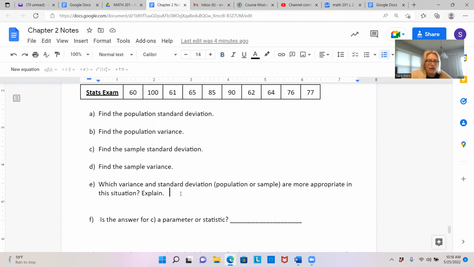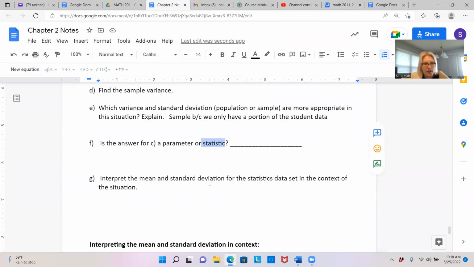And that would be sample, because we only have a portion of the student data. And then it says, is the answer for C a parameter or statistic? And that's the sample standard deviation. And that's a statistic because it's coming from the sample.